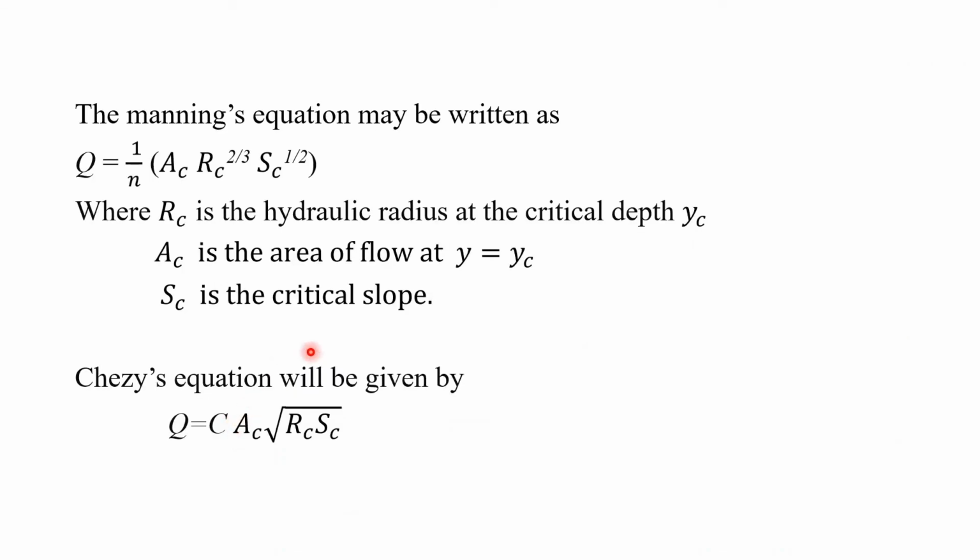And the Manning's equation may be written as Q equals 1 by n into Ac Rc raised to the power 2 by 3 Sc raised to the power half. Here Rc is the hydraulic radius at the critical depth Yc, Ac is the area of flow at Y equals Yc, and Sc is the critical slope. Chezy's equation will be given by Q equals C Ac square root Rc into Sc.